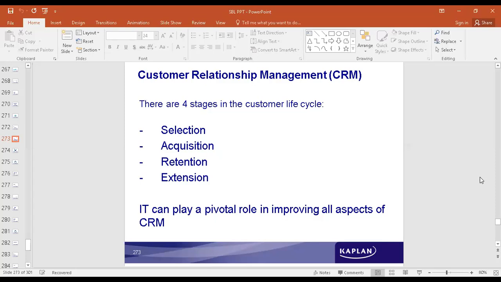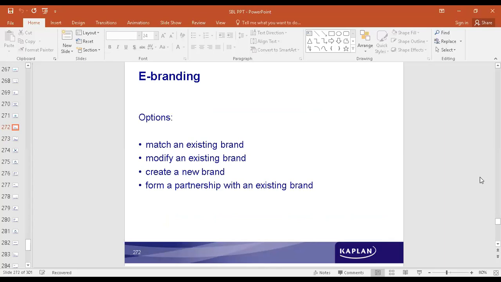They can compare and then take a decision. So it becomes very important that they build the e-brand, if they take up certain measures. So modify their existing brand, maybe cater to the customers with some of their products in such a way that the brand identity improves. Modify that. Okay.